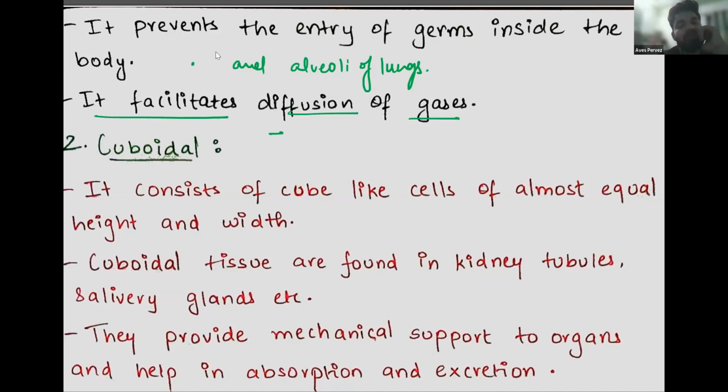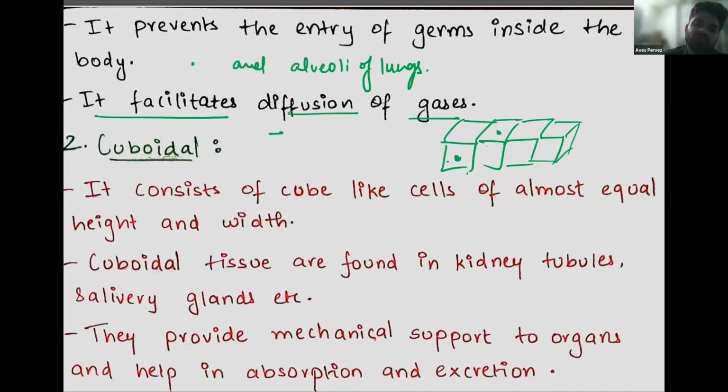Yes, sir. And the next one is the cuboidal epithelial tissue. Cuboidal means cube-like cells. We have these cube-like cells. Sorry, this is the cuboidal epithelial tissue, not squamous.